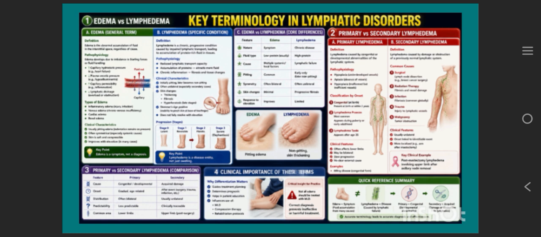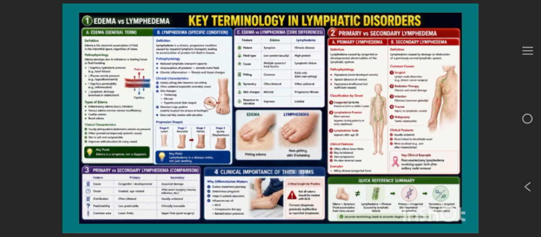What are the clinical characteristics? First, usually pitting edema, where an indentation remains on pressure.